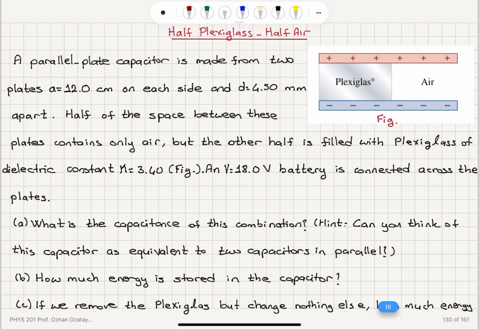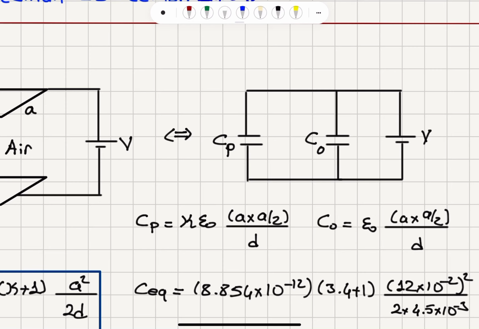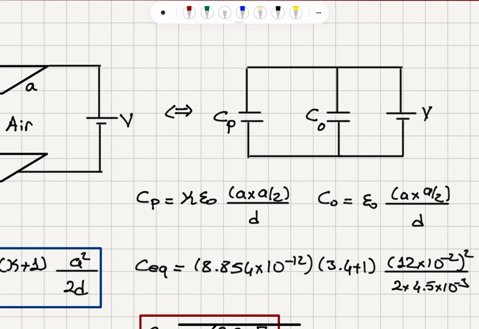Okay, so we talked about a capacitor that is half plexiglass, half air. And to find the equivalent capacitance, we note that the top and bottom plates are connected to the same potential, to the same battery. So Cp and C0, the capacitances of the plexiglass capacitor and air capacitor, are in parallel with each other and connected to the common battery with potential V. Epsilon 0 area over the separation is our parallel plate capacitor capacitance.